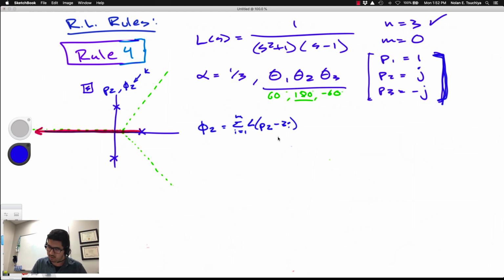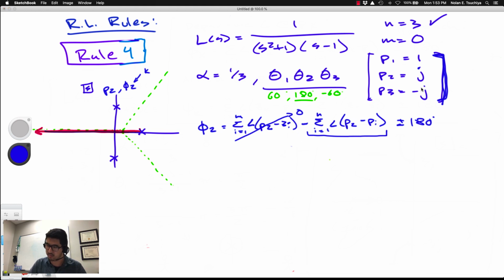But you have to remember there are no zeros, so this entire summation is 0 for this example. From this summation, I need to subtract this additional summation from i equals 1 to n, which is going to sum through all of the poles: p_k, which in this case k is equal to 2, minus p_i, plus or minus 180. So all of the terms are going to come from this summation, and inside of this summation there need to be 3 components, because I'm summing through all n of the poles.